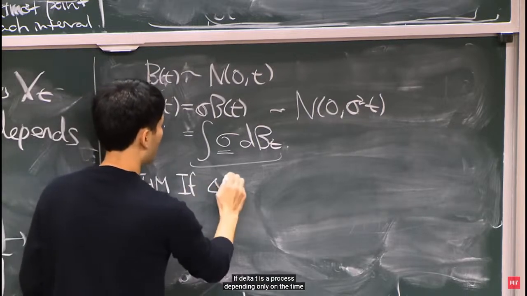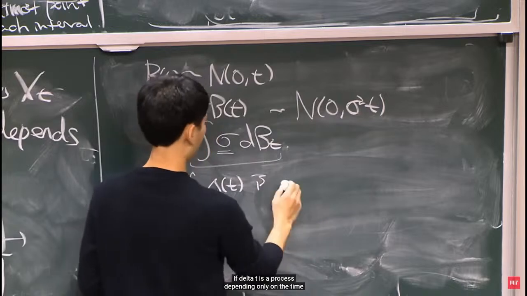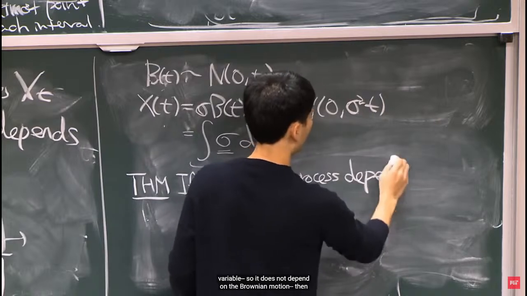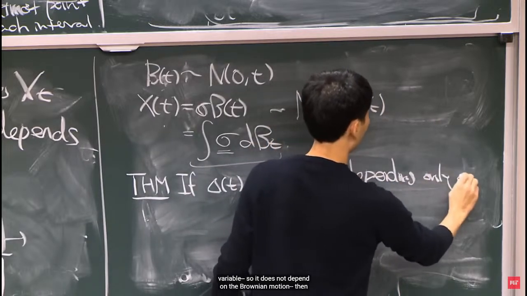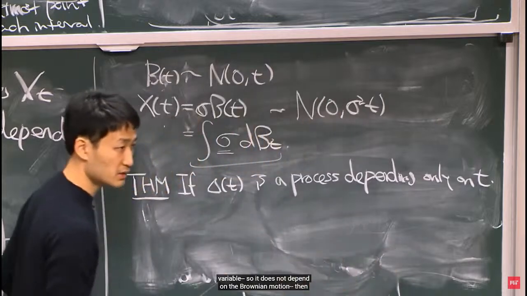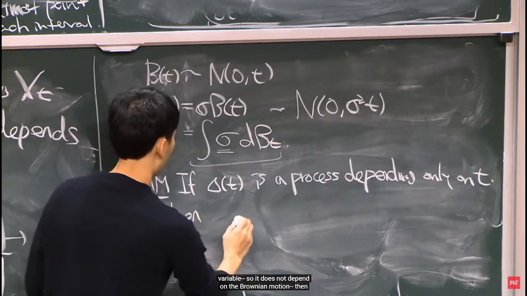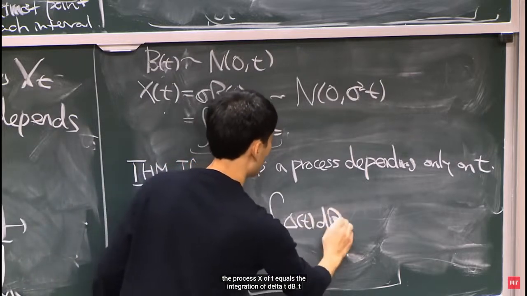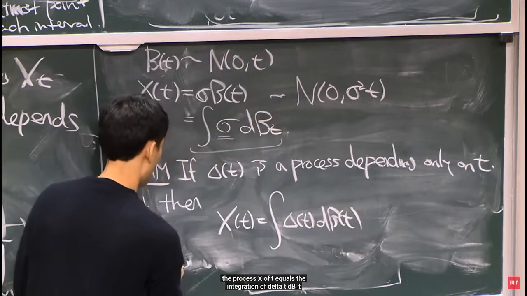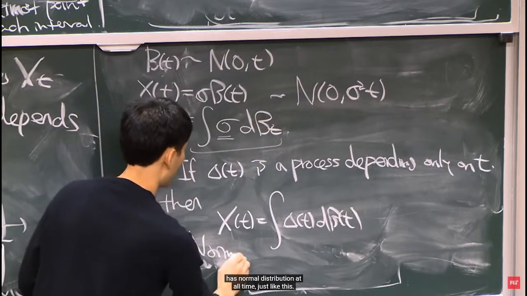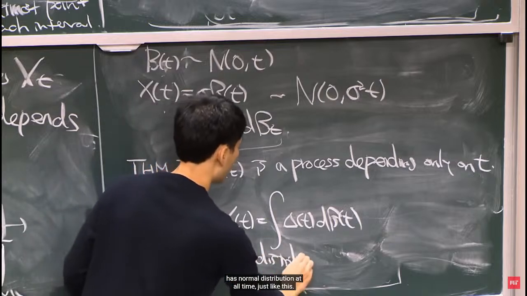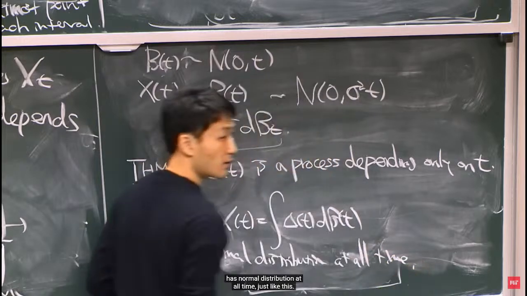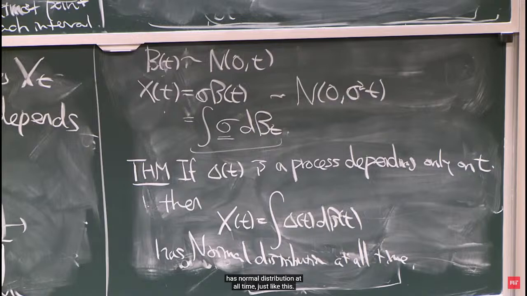So if delta t is a process depending only on the time variable, so it does not depend on the Brownian motion, then the process x of t equals the integral of delta t dBt has normal distribution at all times.